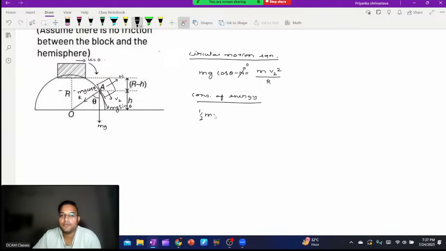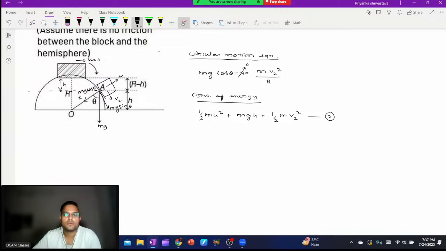If I take this as a reference, the difference between them is, suppose, h. Then mgh will be equal to half m v2 square. But they've given the reference as r minus h.